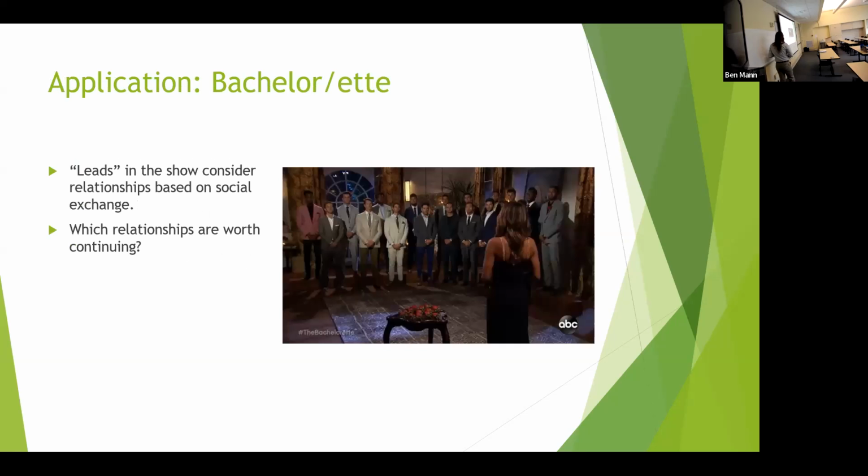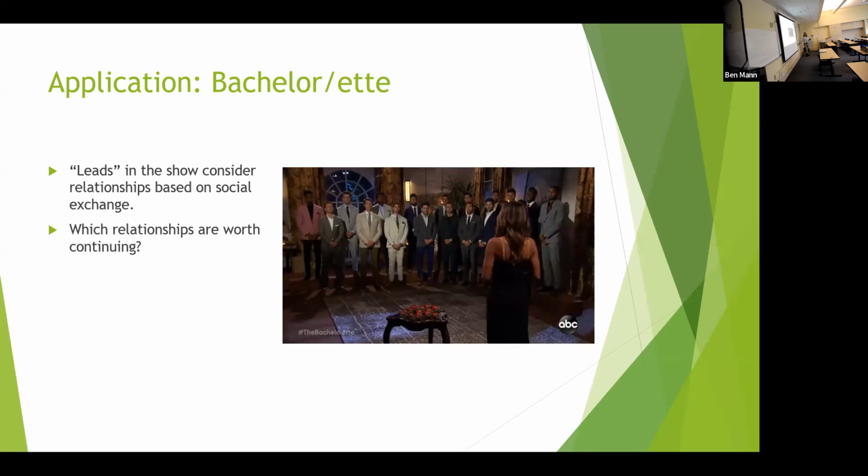So again, to think about an application and usage here, in terms of TV shows like Bachelor and Bachelorette, there's this concern about how, when there's like 28 to 30 single people dating this one person, the lead in the show is trying to make a decision about who they're ultimately choosing to be with and which relationship they're continuing.